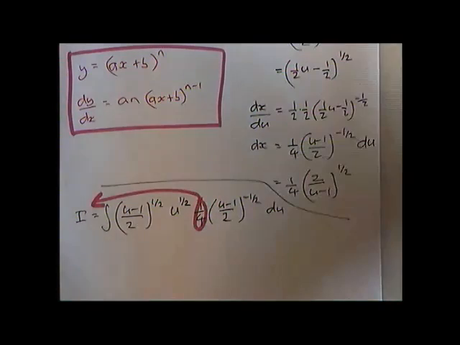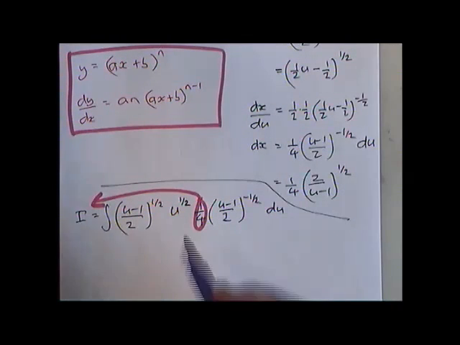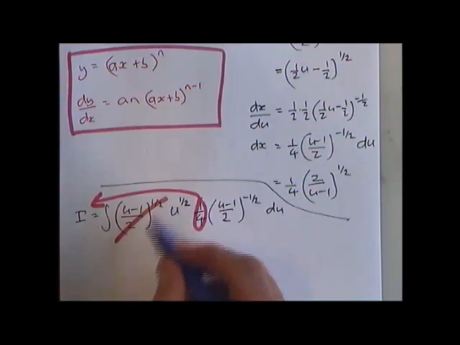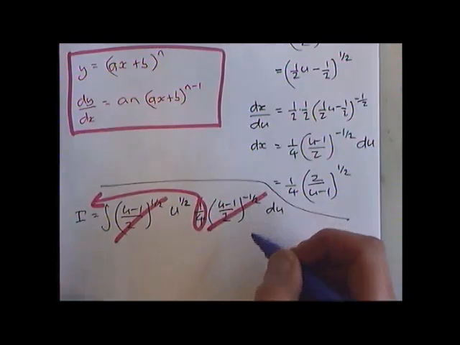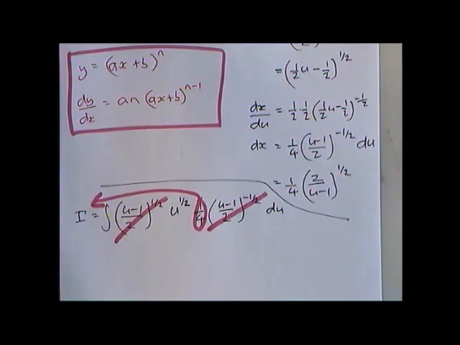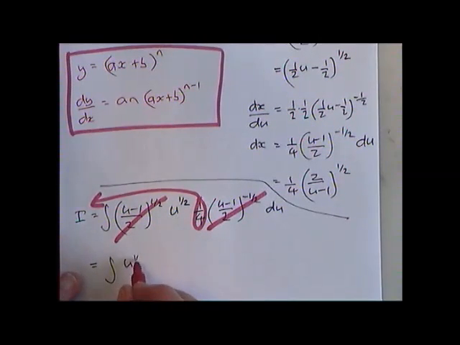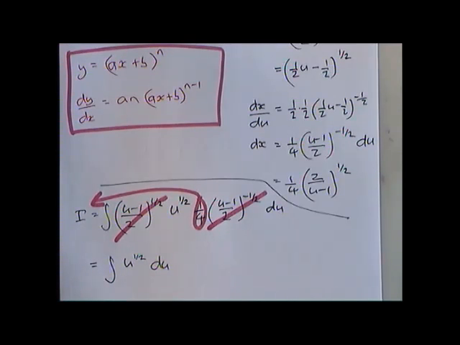Anything to the power of 0 is, effectively, they cancel each other out. That bracket goes with that bracket. The question has been designed at A level so that happens, so that it becomes something nice. Actually, what's left here? An integral sign, a u to the power of a half, and a du. The integral reduces to that at that stage.